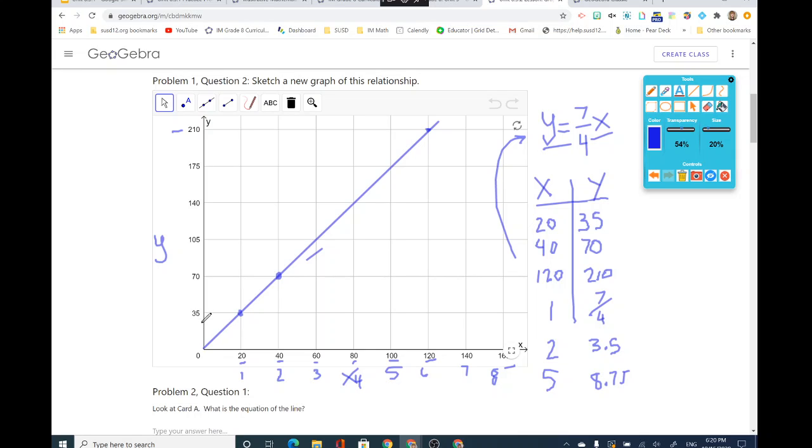Well, look, 0 to 35, 7/4 is way down here. And when x equals 2, then y equals 3.5. That's still really far down there. Well, maybe it's here, I guess. If we divided that by 10, it'd be something like that. And then for 5, that would be 8.75. I think that would be about a fourth of the way up. Yeah, about 1/4, because 8 times 4 is 32, and this is almost 9. 9 times 4 is 36.